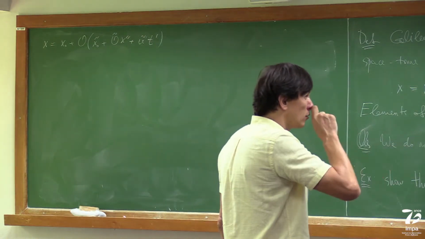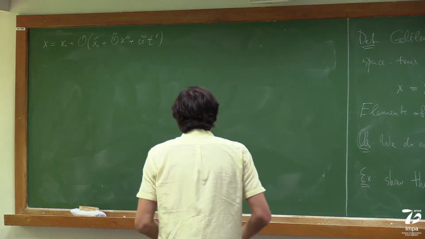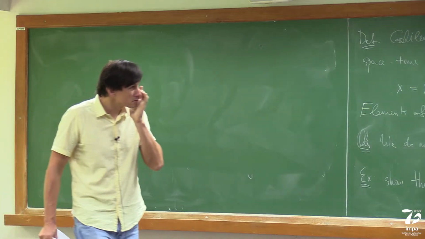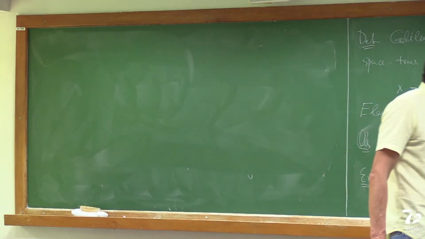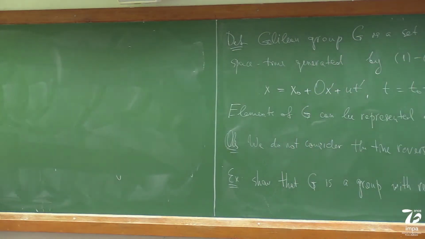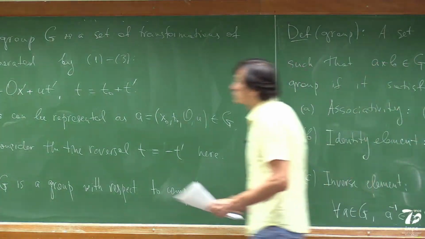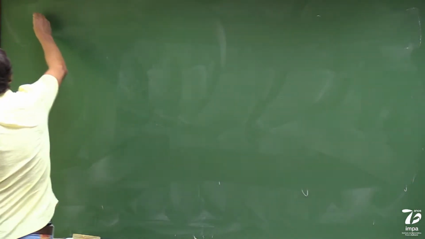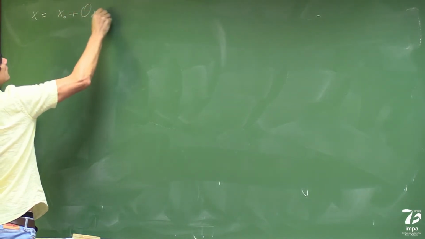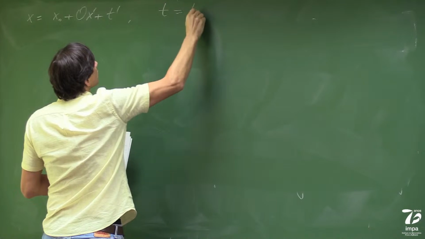Here there is one more prime. Okay, good. Let's do it step by step. So we had x equals x0 plus O x prime plus u t prime and t equals t prime.